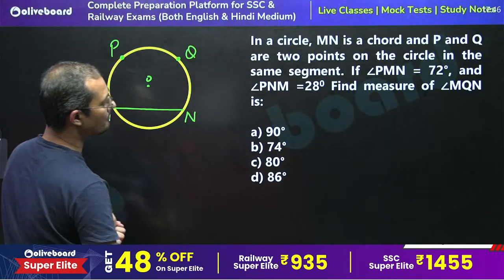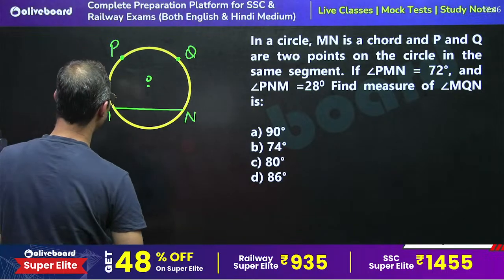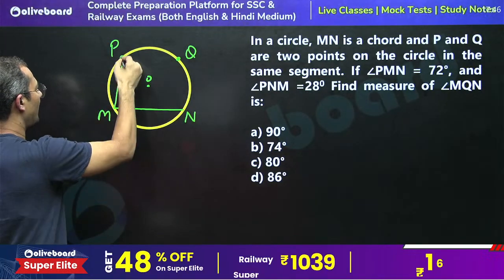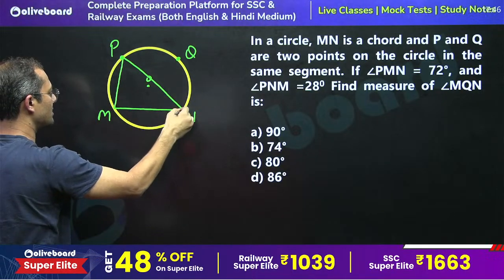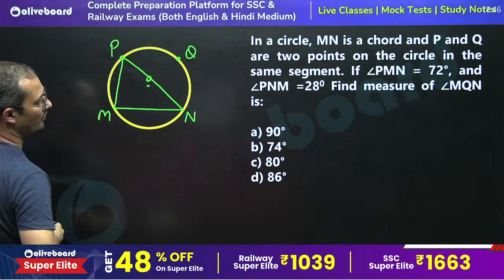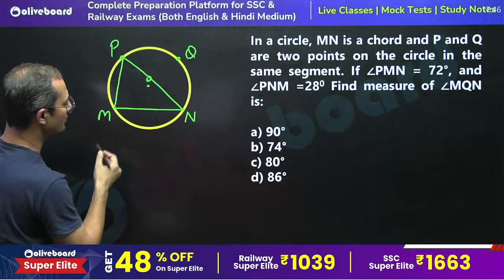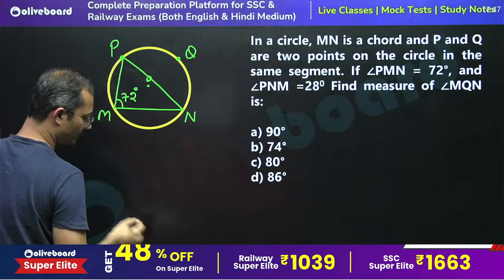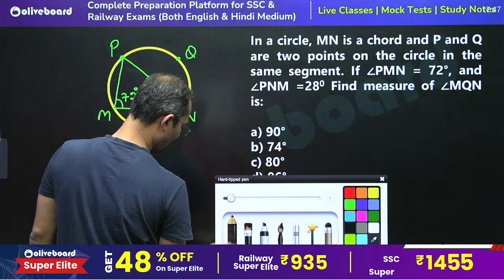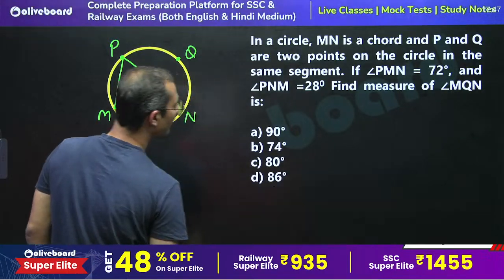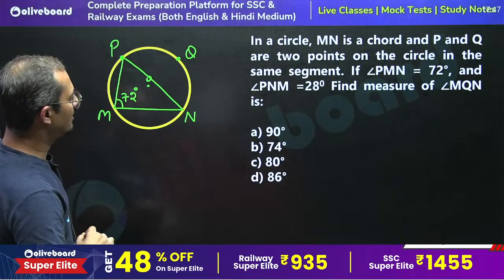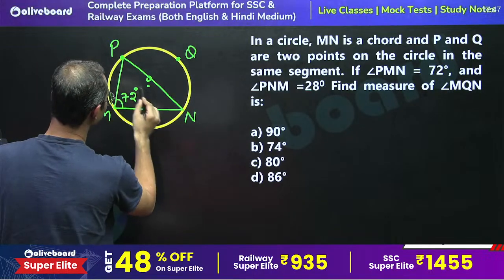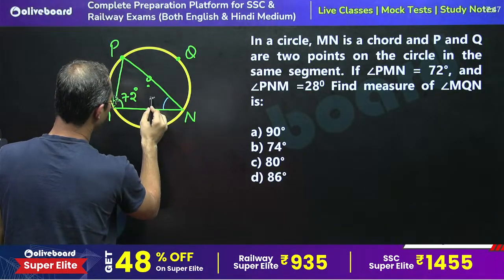Now the question is saying angle PMN. What is PMN? See, P, M and N. PMN is equal to 72 degree. And PNM is 28 degree.